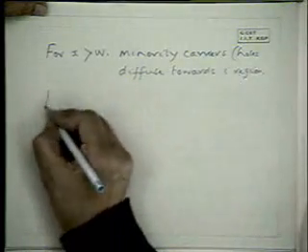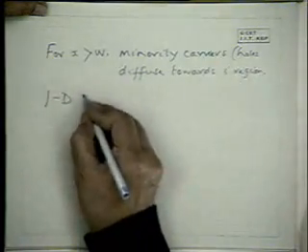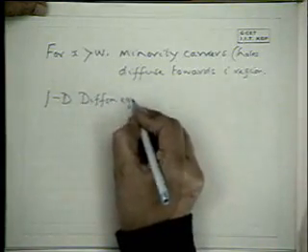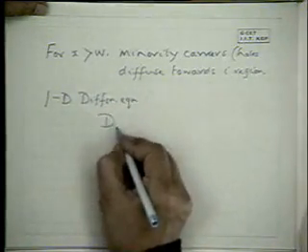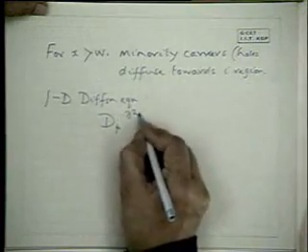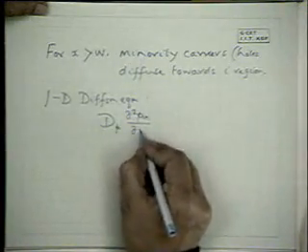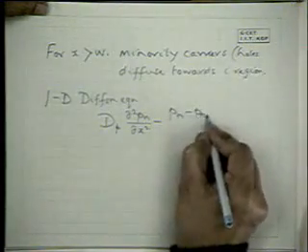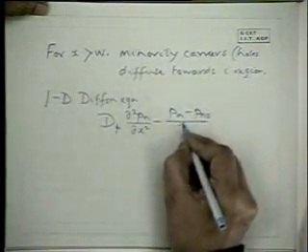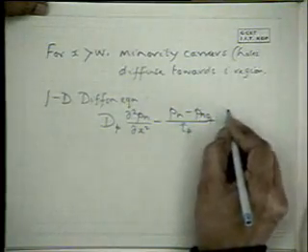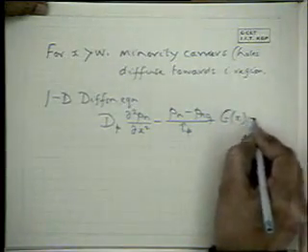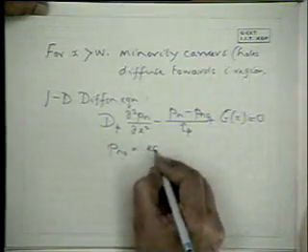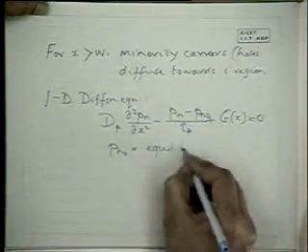The motion is governed by the one-dimensional diffusion equation, which is D_p d squared p_n over dx squared minus (p_n minus p_n0) over tau_p plus G(x) equal to 0, where p_n0 is the equilibrium hole density.